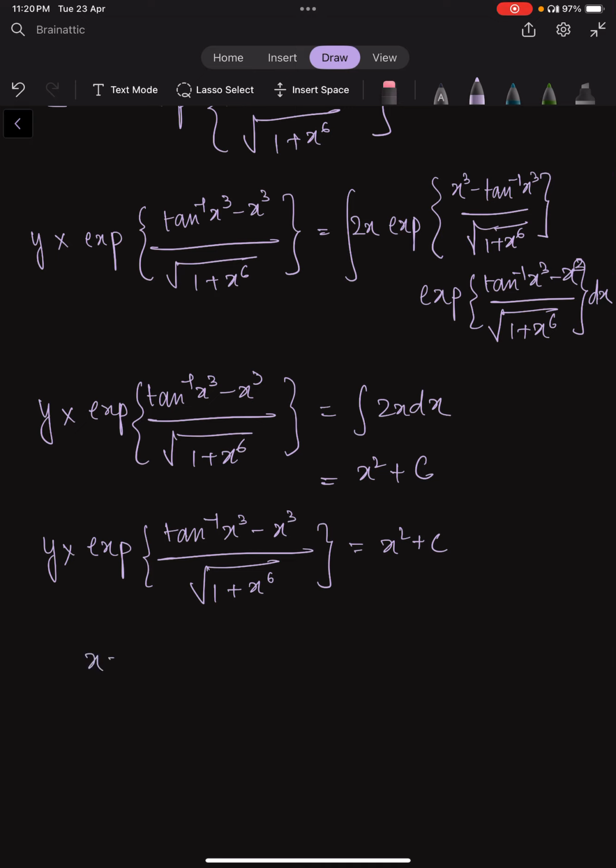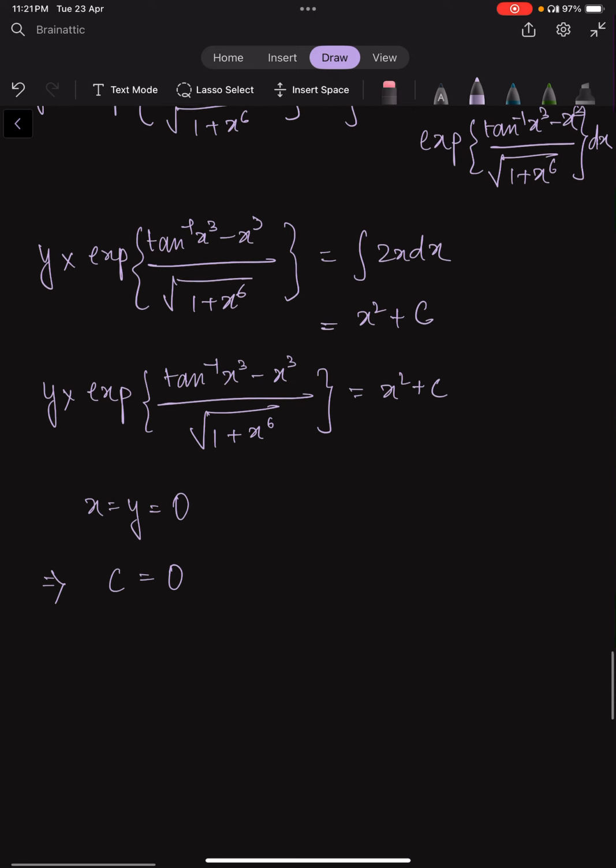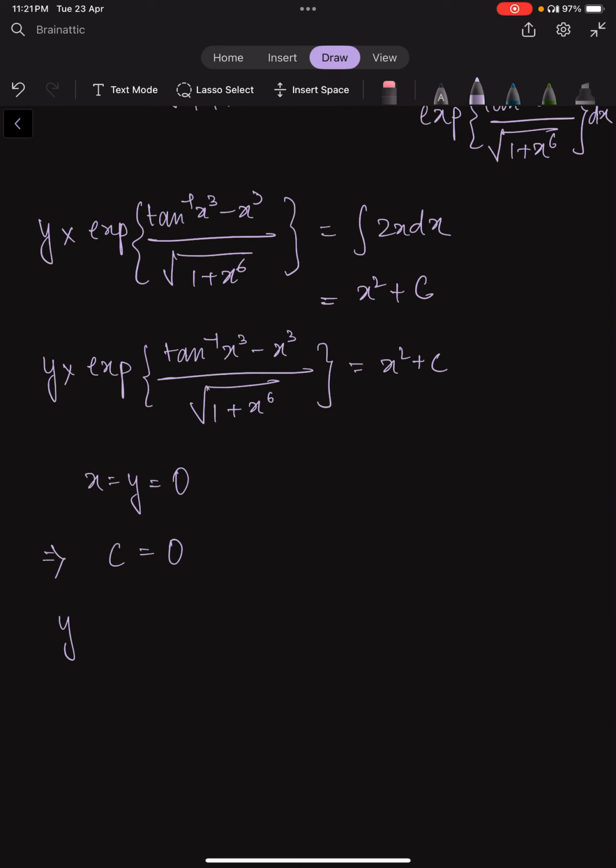So we'll put x equal to 0 and y equal to 0, and what we have is that the integration constant c is equal to 0. So our final equation turns out to be y into exponential of tan inverse of x cube minus x cube by root under 1 plus x power 6 is equal to x square.